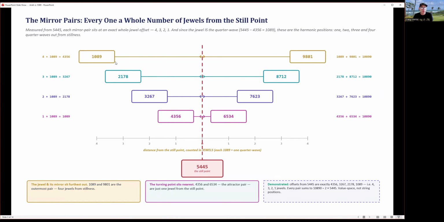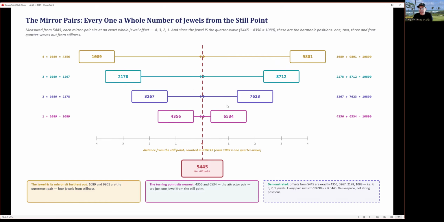They're all multiples of 1089. I believe these are all geometric as well, and they are harmonic. Then there's a center number, which has no pair but is itself a palindromic sequence, and that's 5445, the still point. I'm just showing you these particular numbers.